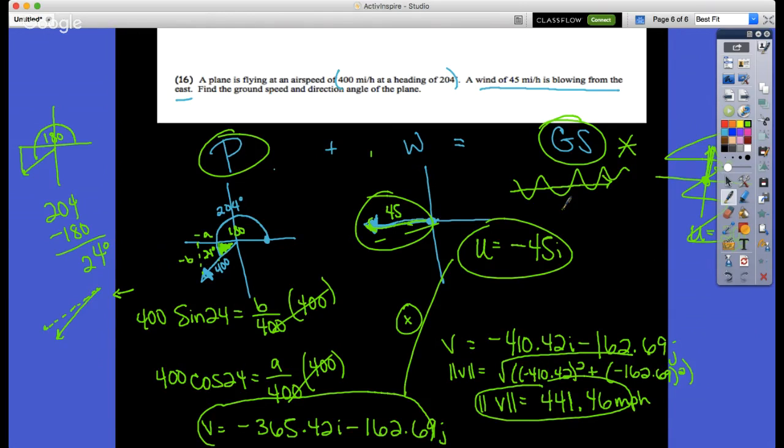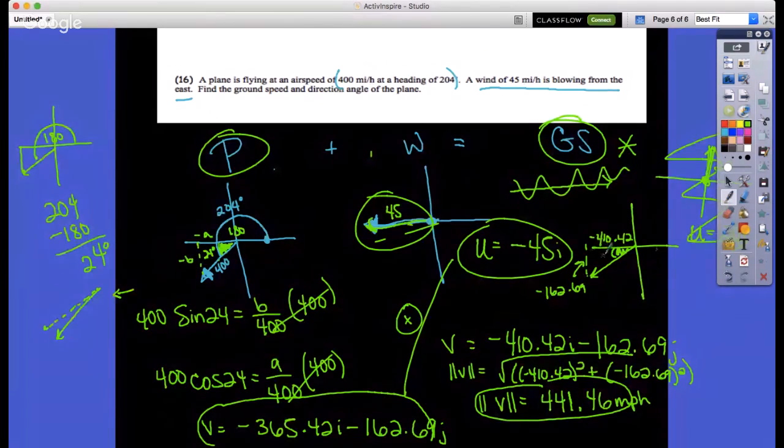Now, as far as the actual angle, this is where it gets a little bit tricky. To find our angle, remember this is both negative, so we're still in this quadrant. We know that the adjacent is negative 410.42 and this side is negative 162.69. We can say this is theta, because we're trying to find the new angle of this new vector.